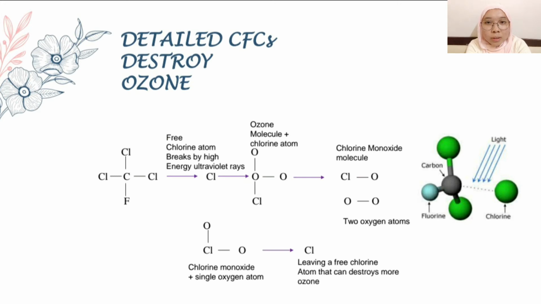The chlorine atom will steal one oxygen atom, leaving two oxygen atoms, and form chlorine monoxide. Then it will mix with a single oxygen atom, and after that it will leave a free chlorine atom that can destroy more ozone. These steps will be repeated until more of the ozone layer is destroyed.